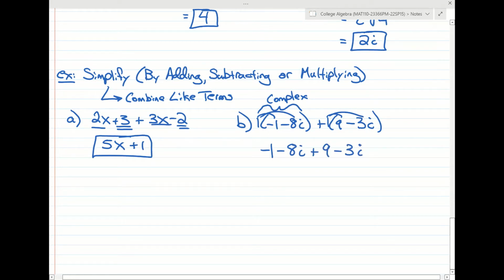Like I said, if there's parentheses, just multiply the number that's outside using the distributive property, and then we can combine like terms. The negative 1 and plus 9 just turns into 8. Negative 8i minus 3i is negative 11i. It's not really any harder than anything else we've been doing.